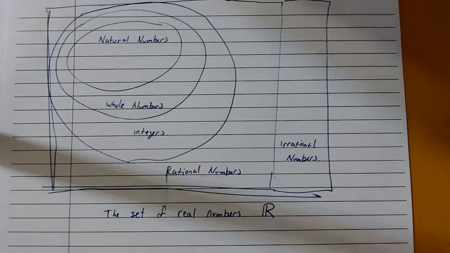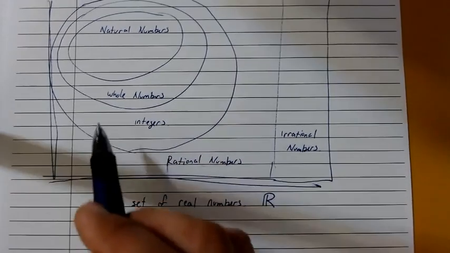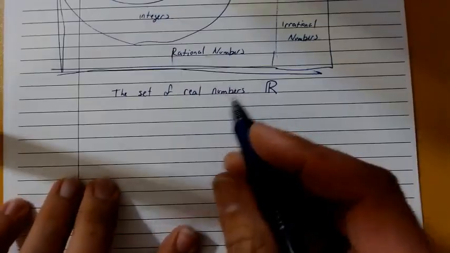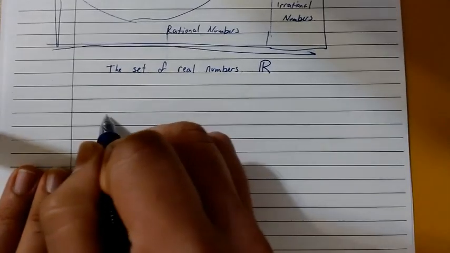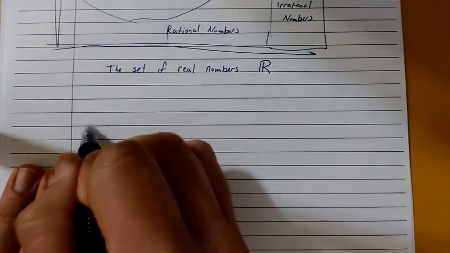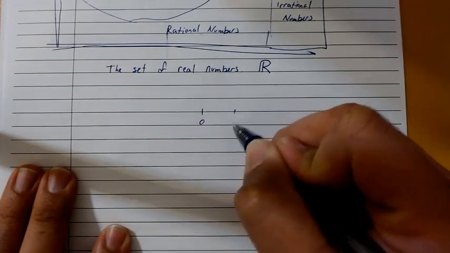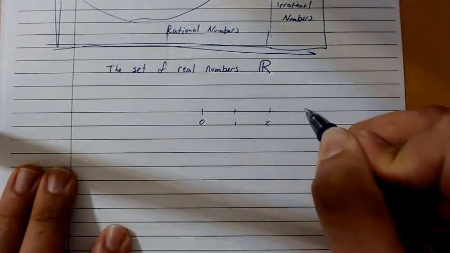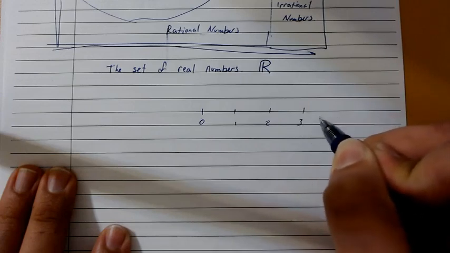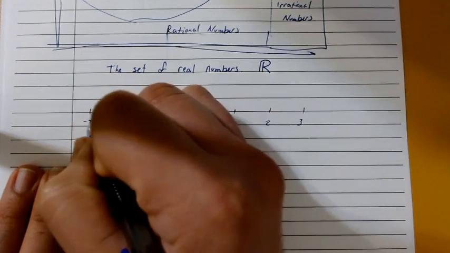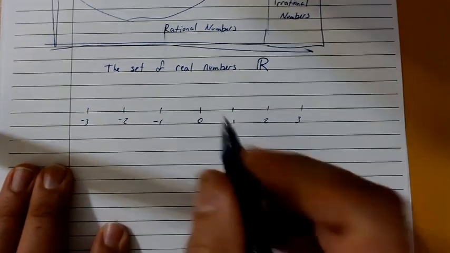One very convenient way of illustrating the real numbers, aside from a diagram like this, is with the number line. Here's your 0, your 1, your 2, your 3, your 4, your 5, and so forth. And your -1, your -2, your -3, and -4, and so forth.